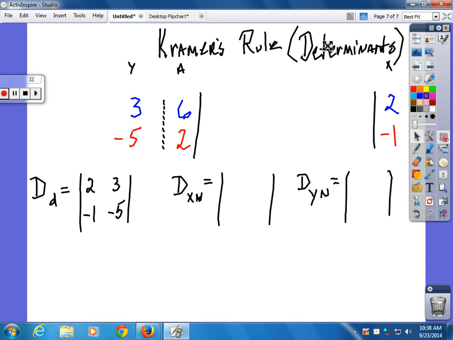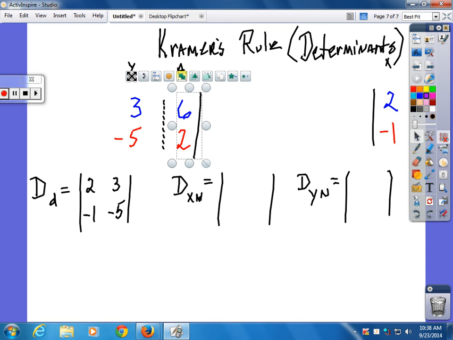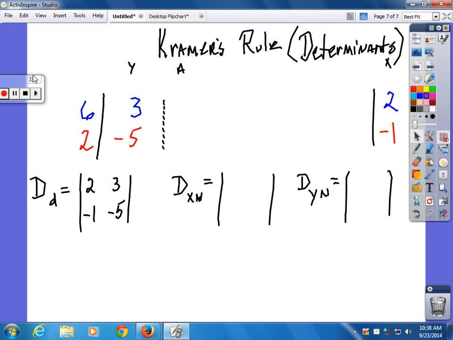I'm going to take these 2 guys and put them right there, and there's my new matrix for this. So 6, 3, 2, and 5. That's just the way you do it.